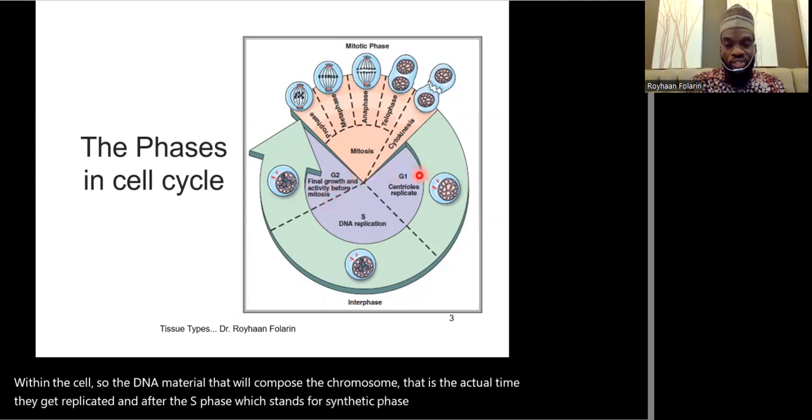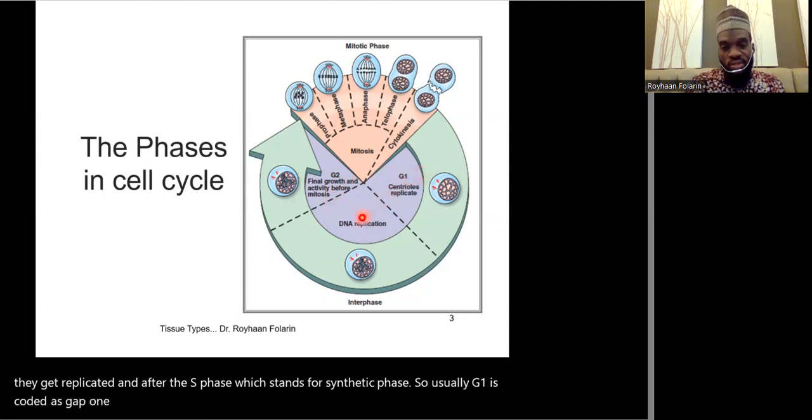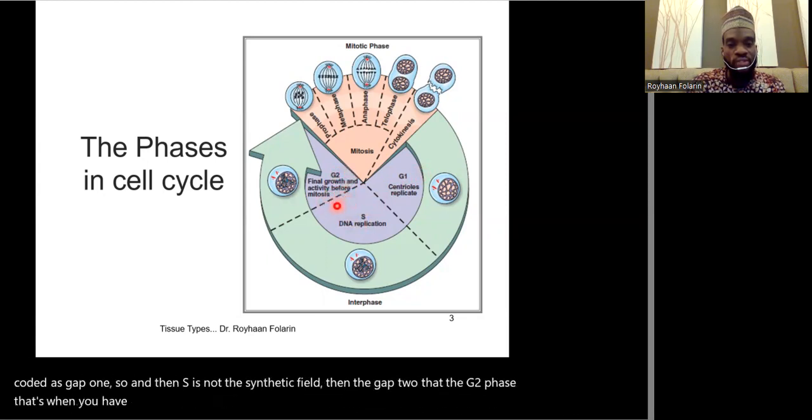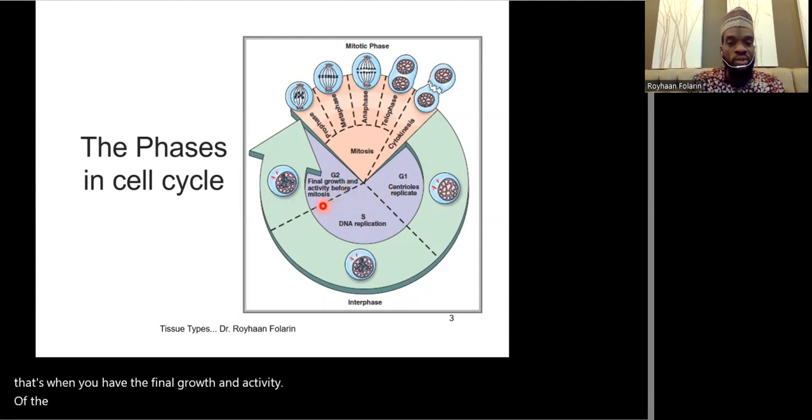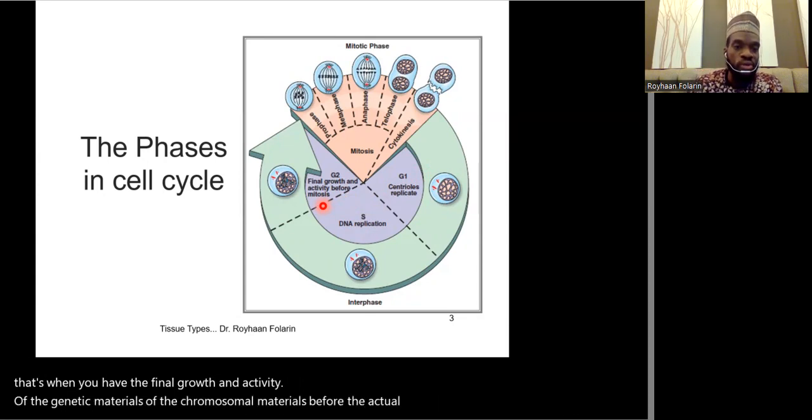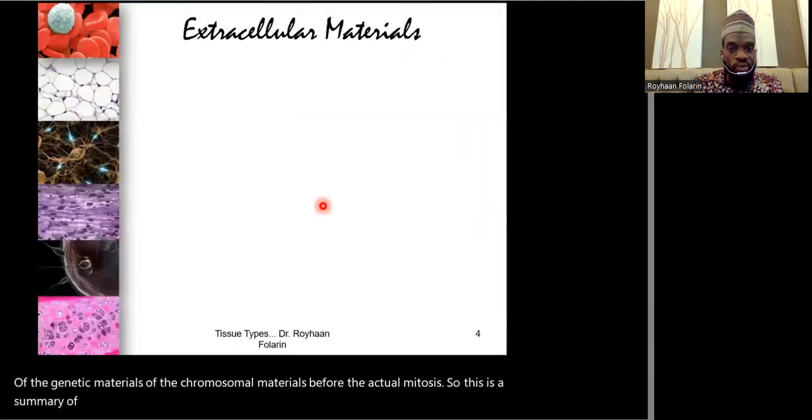So usually G1 is coded as gap 1, and then S is known as the synthetic phase. Then the gap 2, that's the G2 phase. That's when you have the final growth and activity of the genetic materials, of the chromosomal materials, before the actual mitosis. So this is a summary of the phases of the cell cycle.